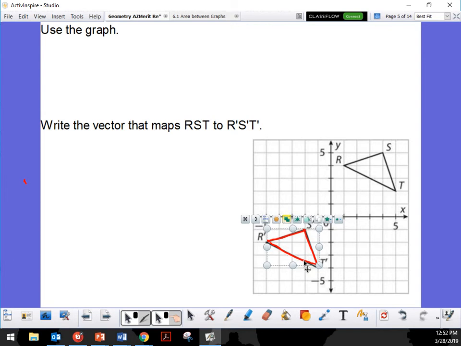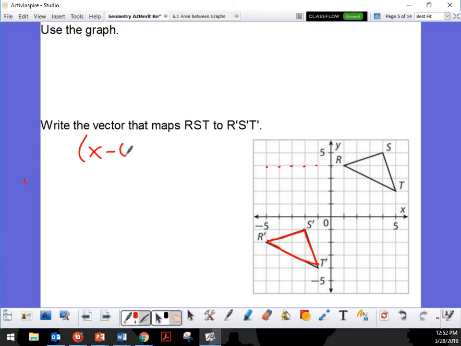Okay, so now let's look at R. So R goes which way? To the left, right? So that's going to be x minus, how much does it go to the left? 1, 2, 3, 4, 5, 6.